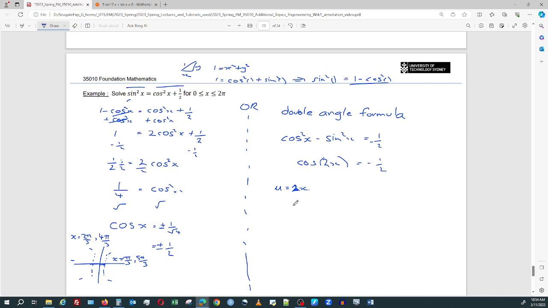So if U is 2x, we get cos U is equal to negative half. So where do we get a small negative x here? We get a small negative x on the 60 degrees. They're a count, aren't they? So I've got 1, 2, 3, 4.